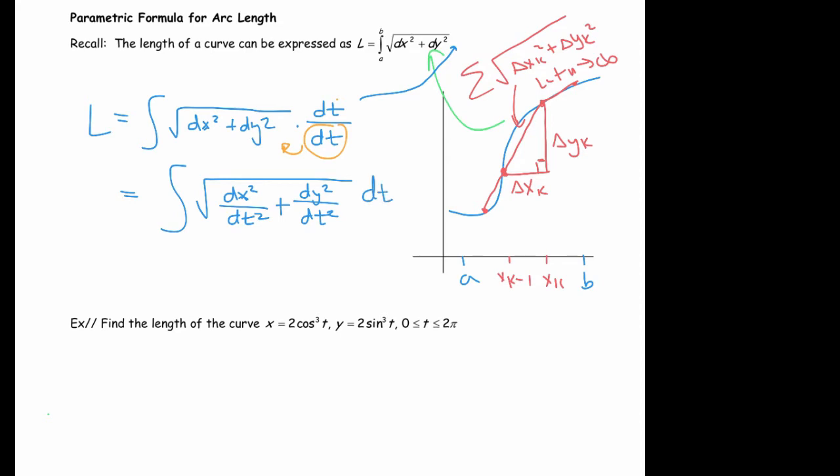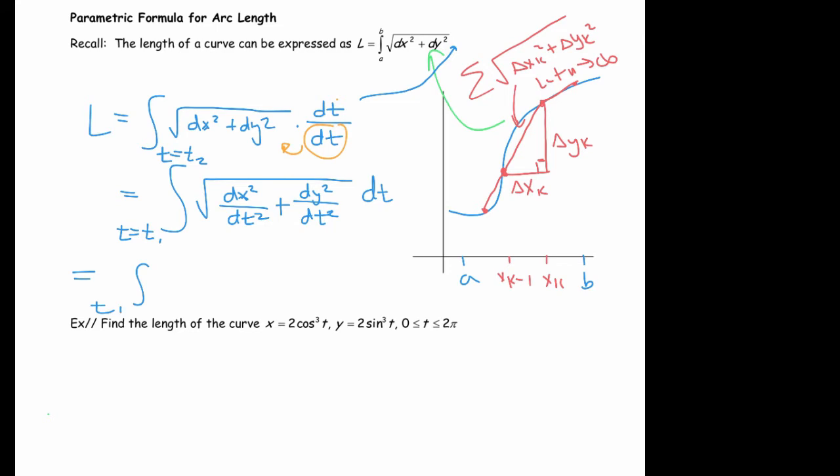And since it's an integral in terms of time, now the limits of integration are from time 1, which corresponds to point A, or the x-coordinate A, to time 2, which corresponds to the x-coordinate B. And last but not least, we'll just clean up the inside here.